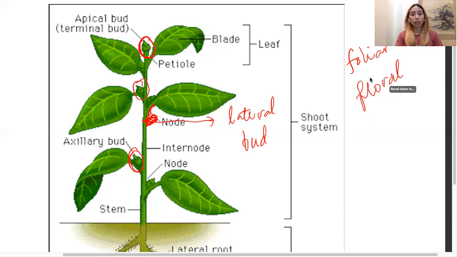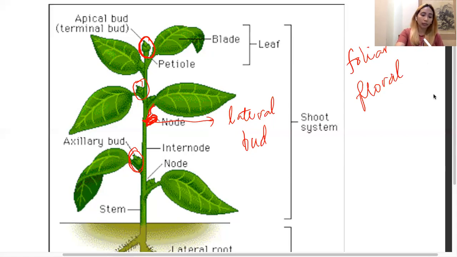A floral bud will give rise to a flower. Basically all buds are the same in their tissue structure and in the bud scale covering that they have. The only difference that gives them their different names, of course, is first, where are they found?